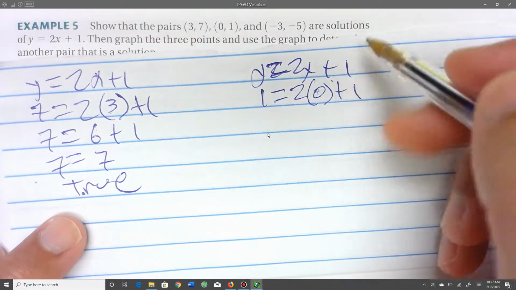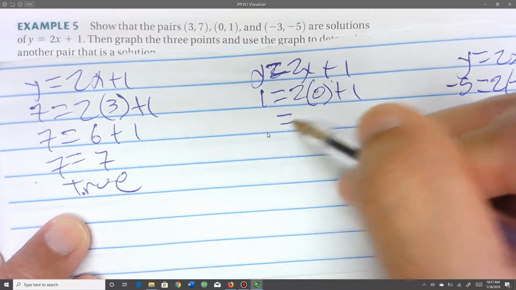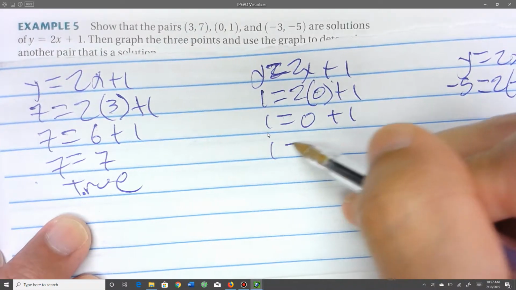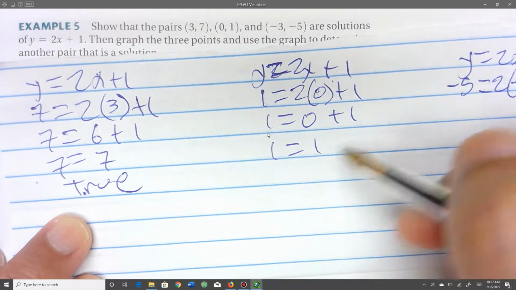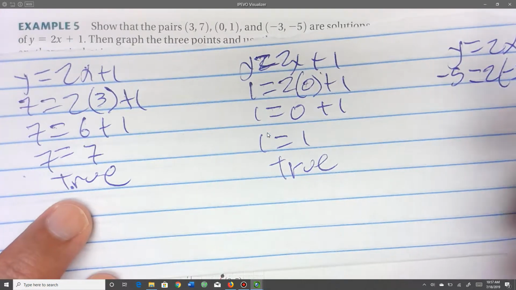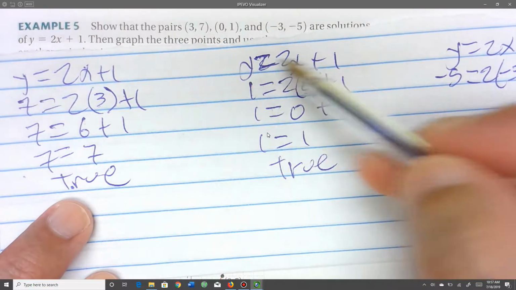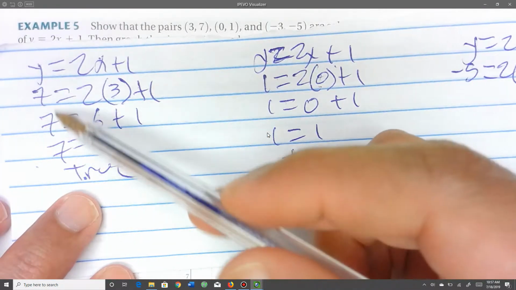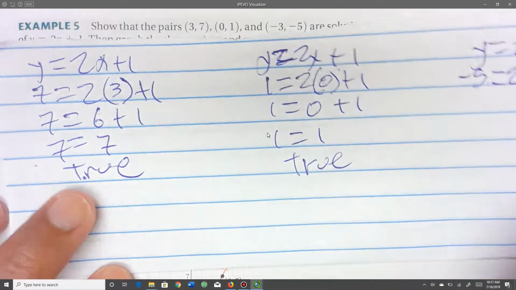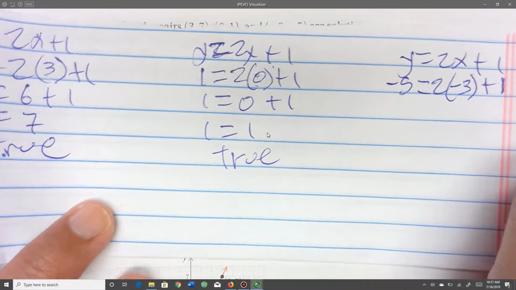What about this one? 2 times 0 is 0. Rewrite everything else. 1 equals 1. That's also true. So this ordered pair is a solution of this equation, and this ordered pair is a solution of that equation, of the same equation. Notice that we have more than one solution.